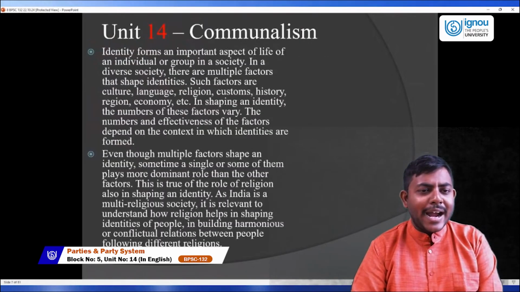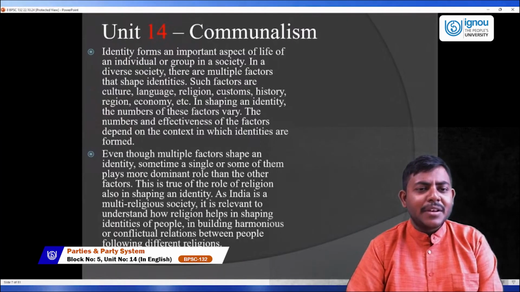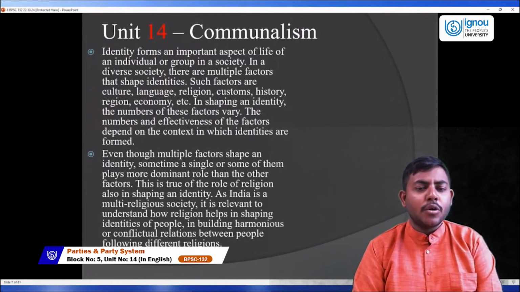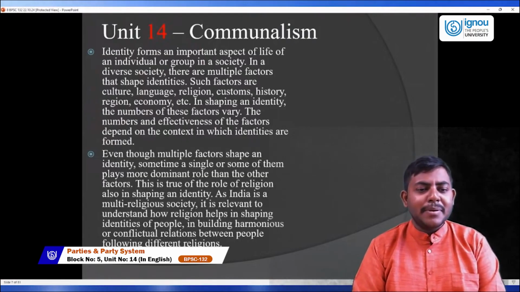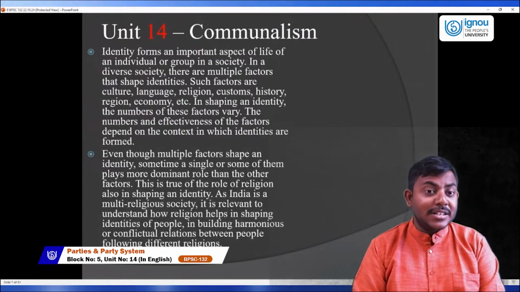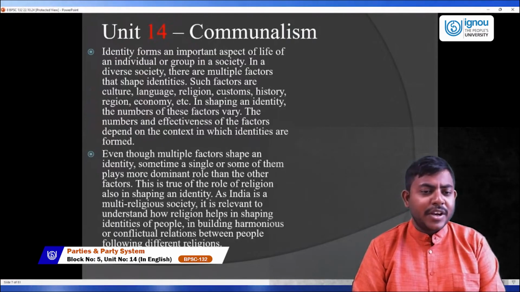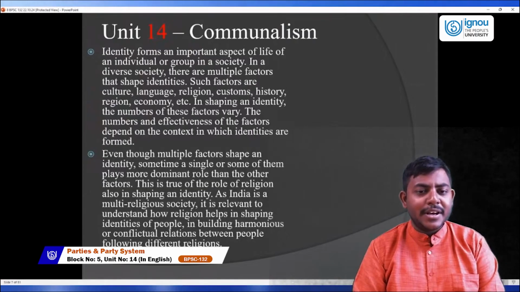So identity forms an important aspect of life of an individual or group in a society. In a diverse society, there are multiple factors that shape identities. Such factors are culture, language, religion, customs, history, region, economy, etc. In our country, that is very much evident.